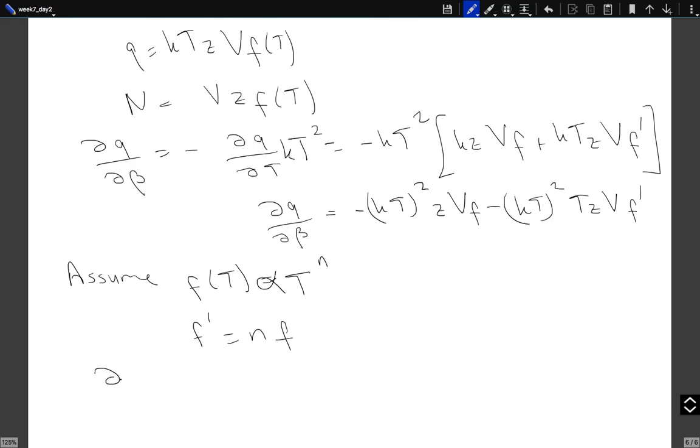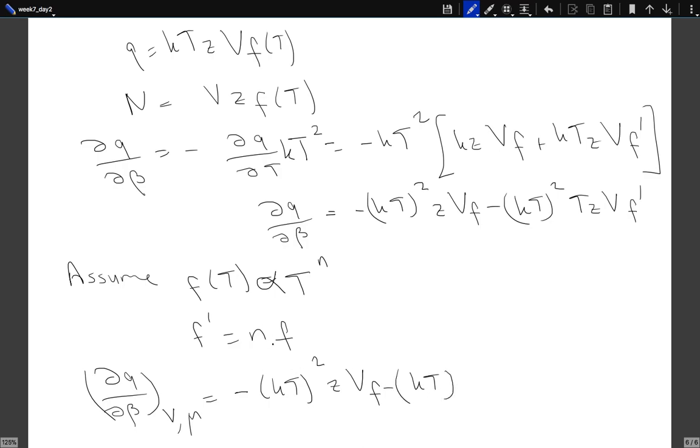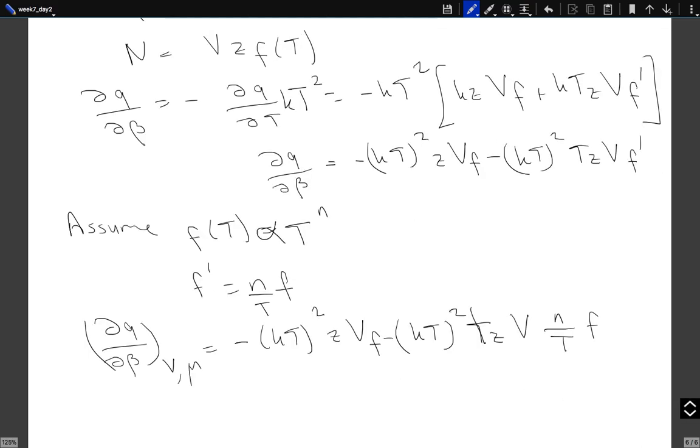So dQ by d beta at constant V and mu is minus kT squared ZVF minus kT squared TZV n over T times f. So these T's will cancel, and I have kT squared in both terms, Z times V times f in both terms, and then I have minus in both terms n plus 1.